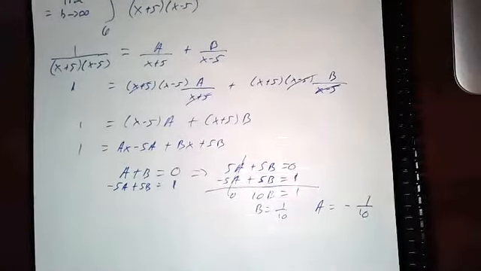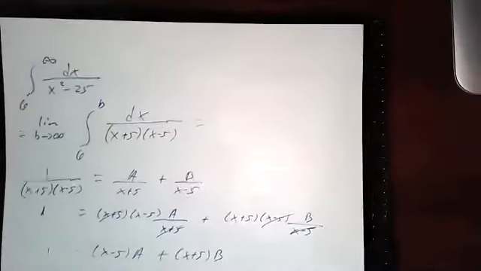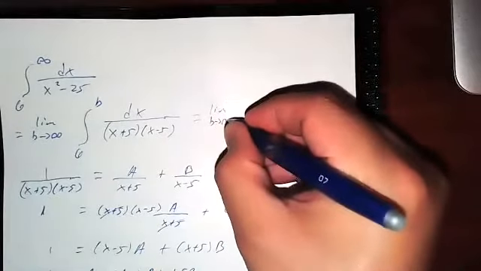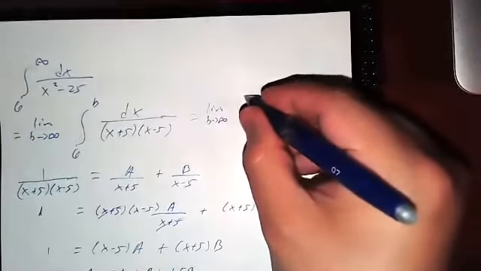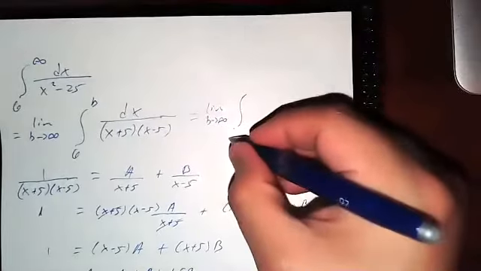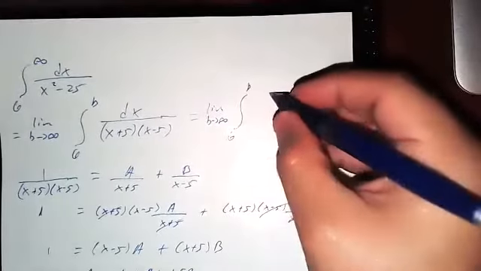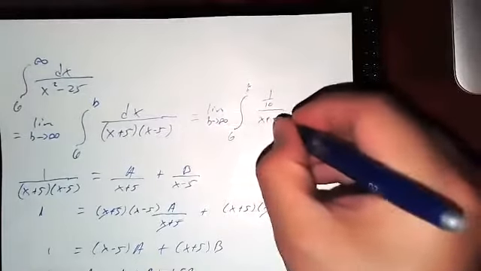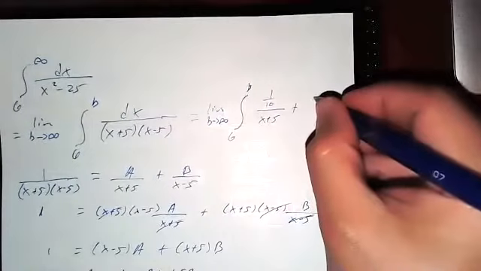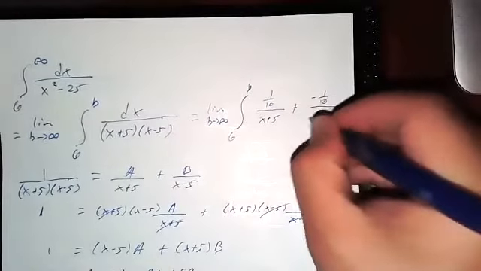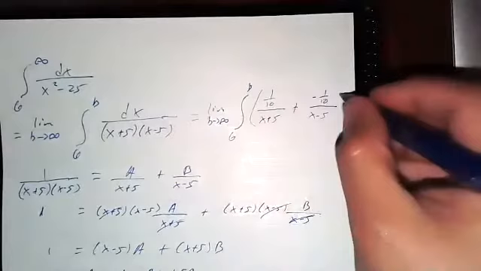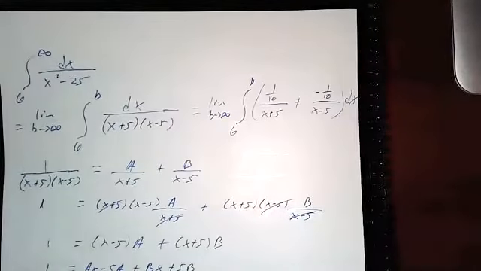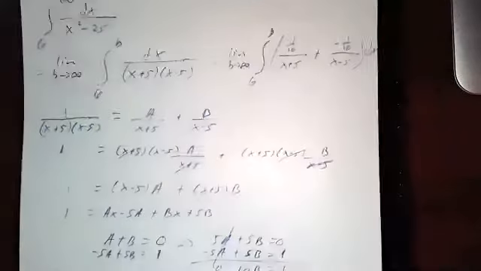So this integral up here is actually going to be the limit as B approaches infinity of the integral 6 to B of 1/10 over x plus 5 plus negative 1/10 over x minus 5 dx. So let's do that over here.